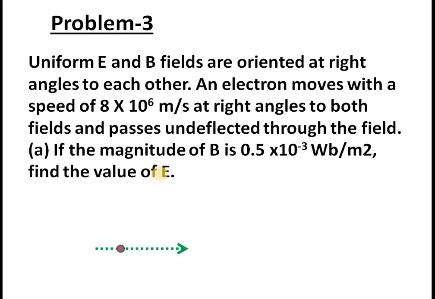So draw the diagram and show the force directions so that the electron moves undeflected. You get a balancing equation. Solve the balancing equation, then find the value of the electric field. For your help, the answer is given here, but don't simply copy the answer. Do the problem, enjoy it while doing it, then find the answer.